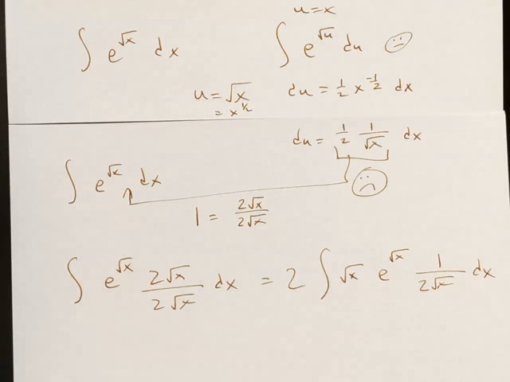And isn't that my du? 1 over 2 root x dx is du. Multiplied by 1. If you do the u substitution, what do you get?